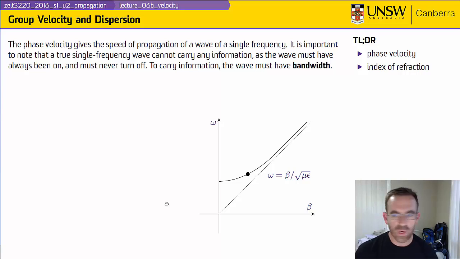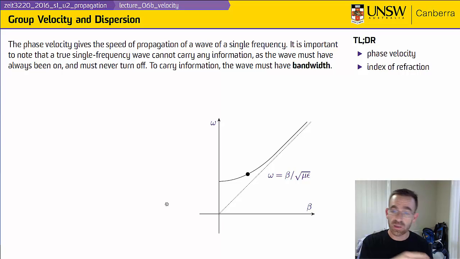The last concept that I'm going to introduce in today's lecture is group velocity, and we're going to talk about it very briefly. The phase velocity gives us the speed of propagation of a wave at one frequency. But a single frequency wave can't carry any information, because information would be a change in that wave. And if I have a pure sinusoid that has no bandwidth, it must exist for all times.